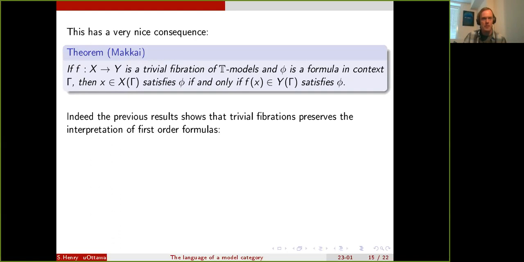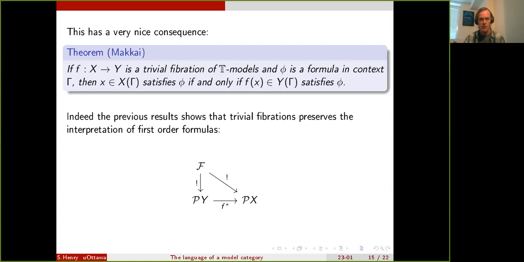The reason for that is that because of the previous result, if you have a trivial fibration between two models, then the morphism from P of Y to P of X given by pullback is a morphism of complete Boolean algebras. And so the triangle of the canonical maps which give interpretation of formulas automatically commutes because those maps are unique.